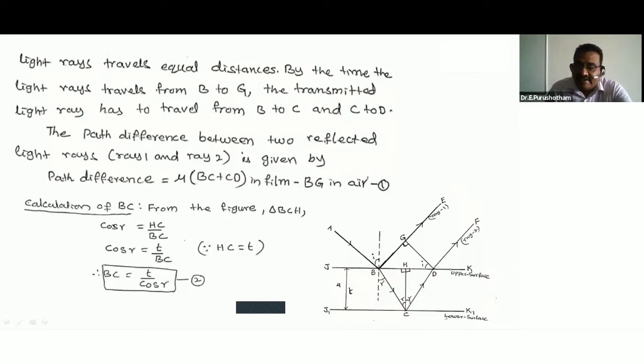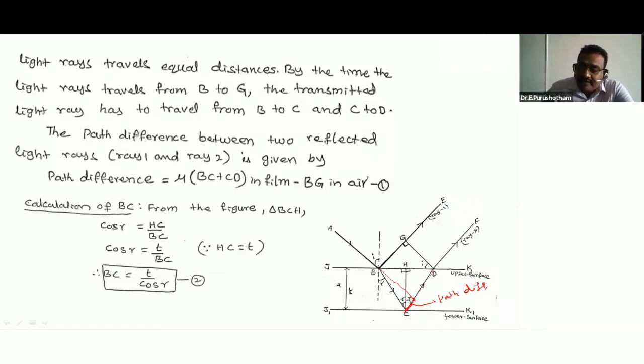You observe clearly here, this part from here to here, the same part we can assume inside the film. So this is the path difference.